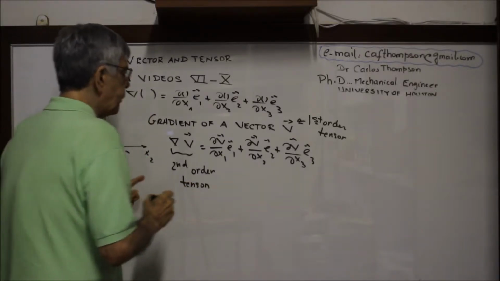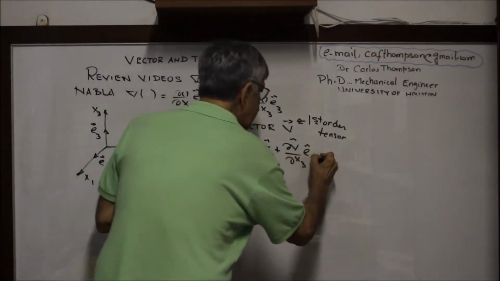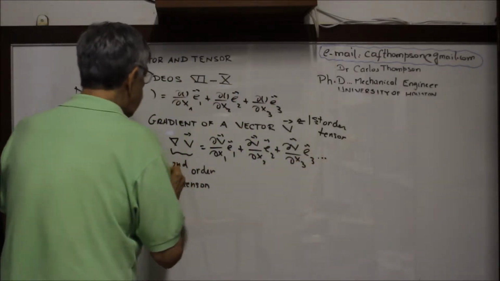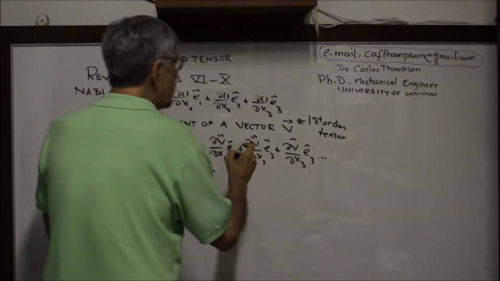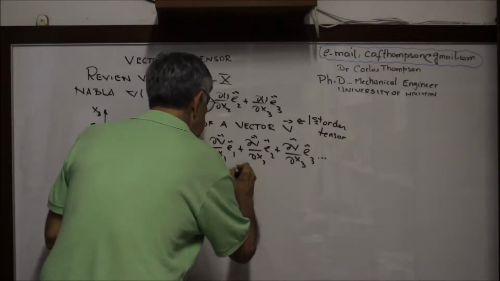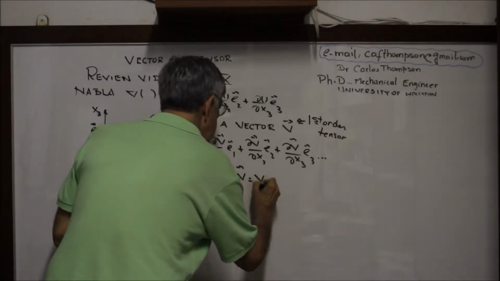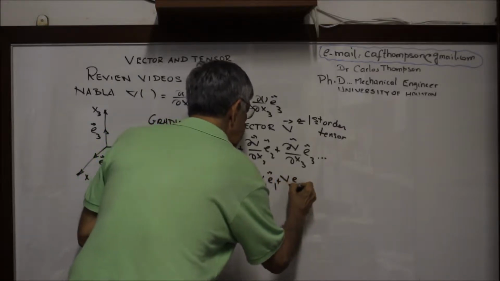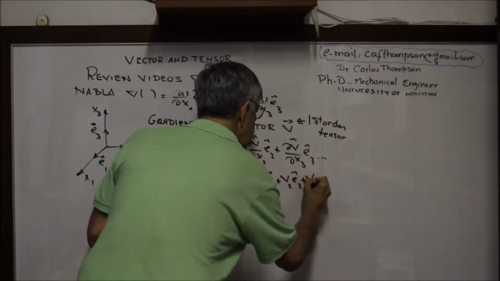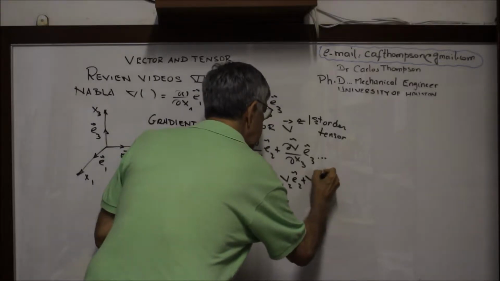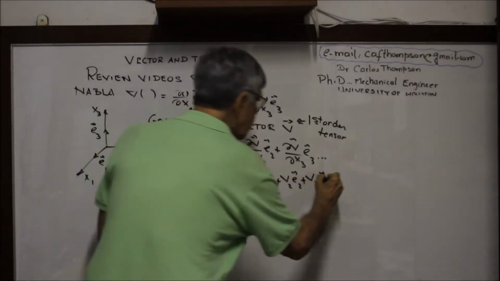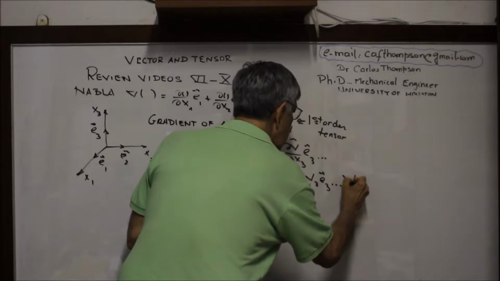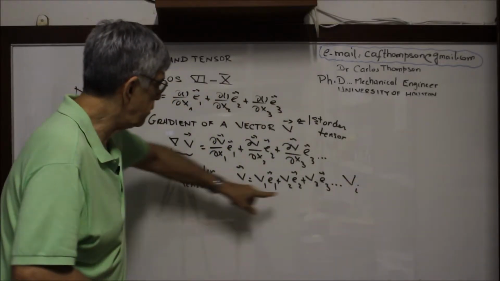Now, you see, I represent in tensor notation, don't forget that v is equal to v1 e1 plus v2 e2 plus v3 e3. So in tensor notation, I just write vi. This is vi.